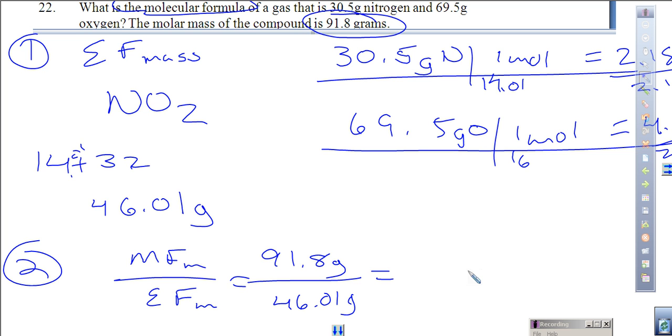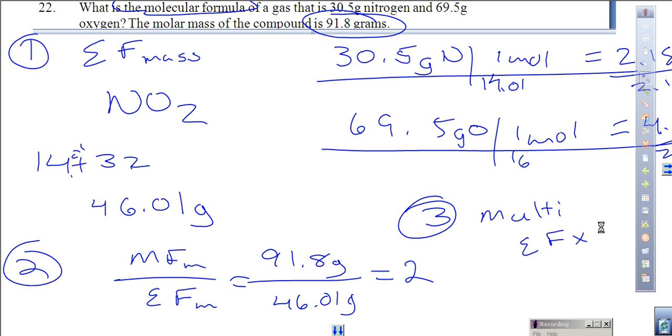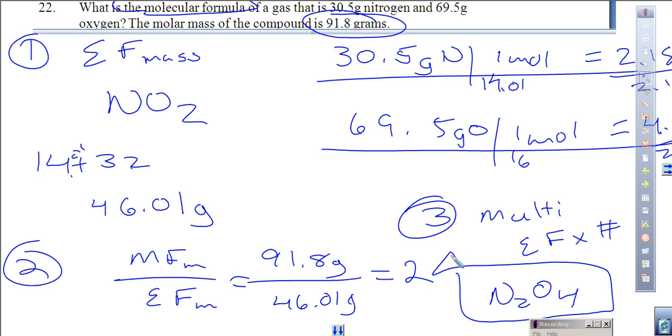What number does it end up becoming? 2, right? So this number becomes 2. So the third step, multiply empirical formula by number. So if our empirical formula is NO2, what is that multiplied by 2? What does it become? And hey, guess what? Is that one of the answer choices? Are you done? Yeah.